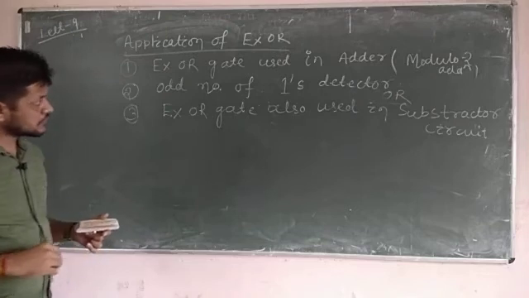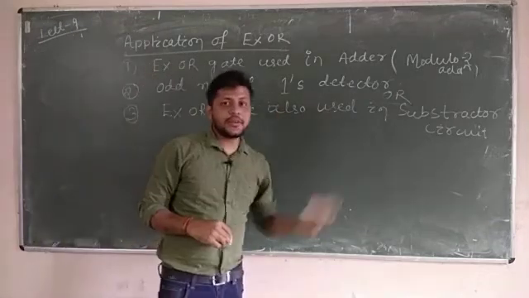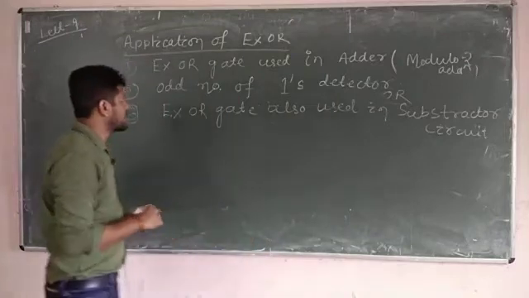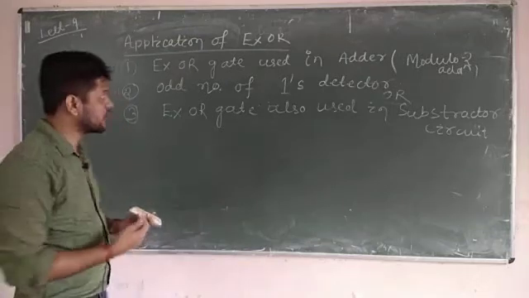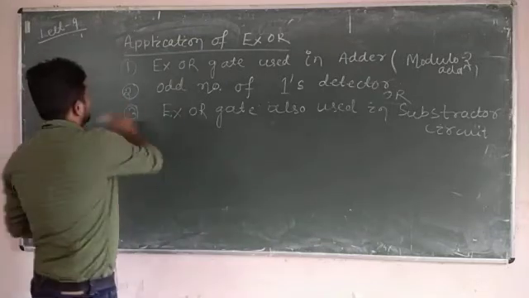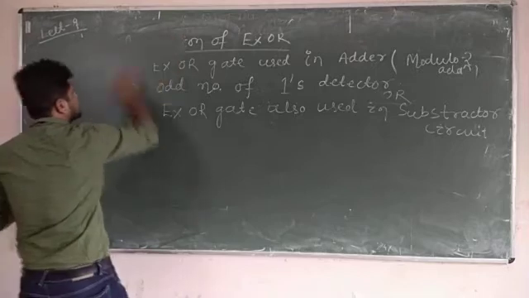So these are the applications of the exclusive OR gate. Then there are a few operations that we are going to perform by using the exclusive OR gate. So note it down. These are the three applications of the exclusive OR gate.